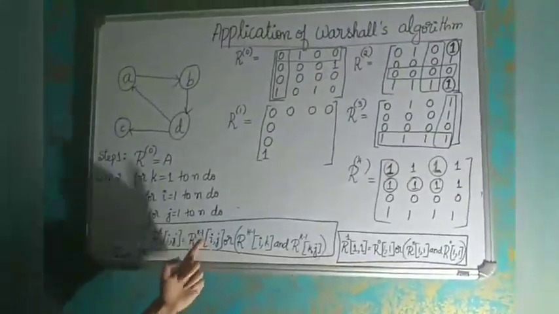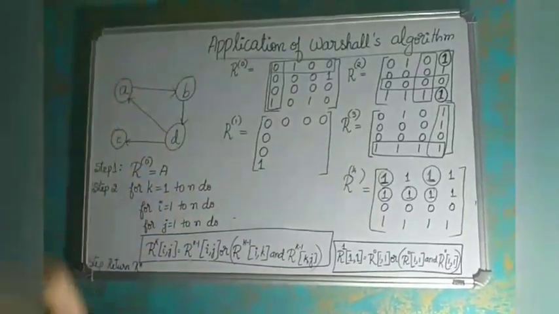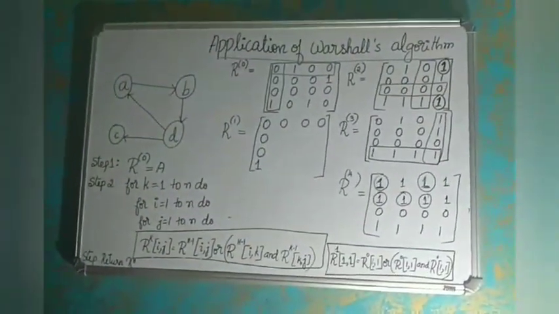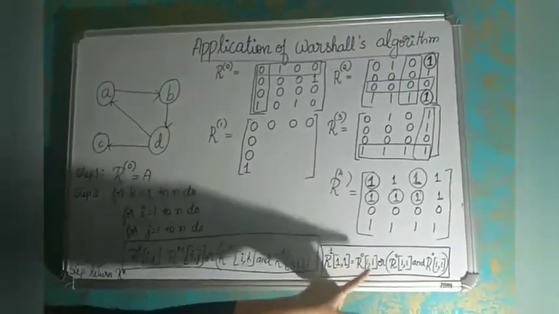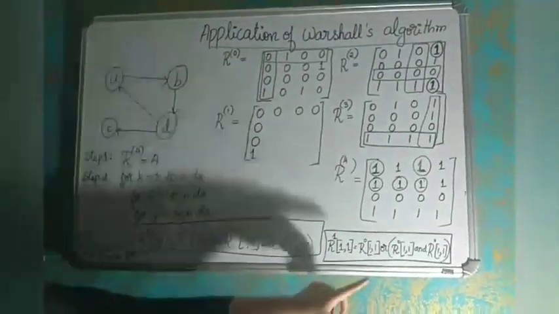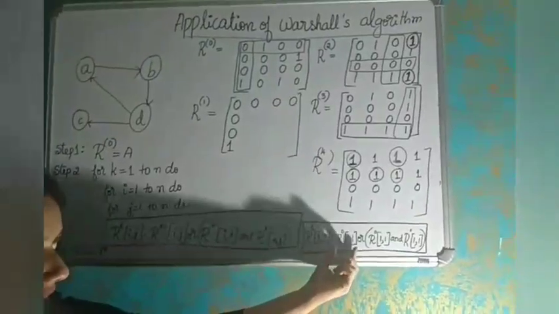That is equal to R0, so here k minus 1, that means we are using the previous result. The previous result we have is R0, that we are making use of. So R0 of 1 comma 1. As it is, we are considering the previous element.